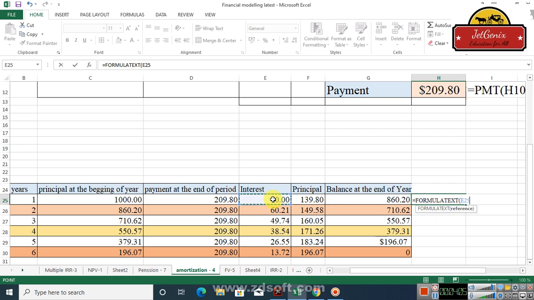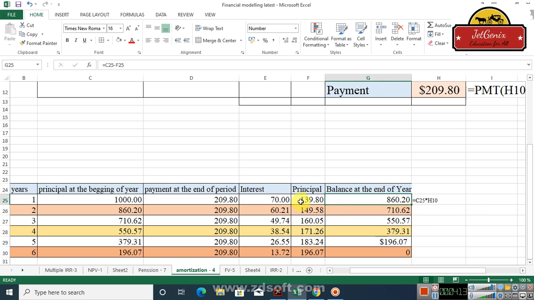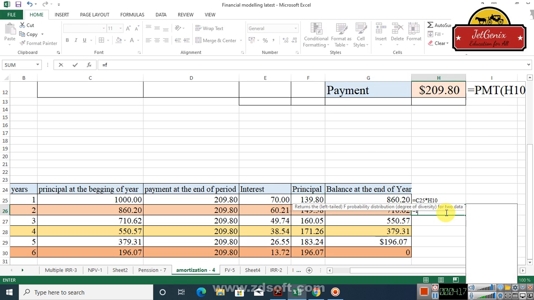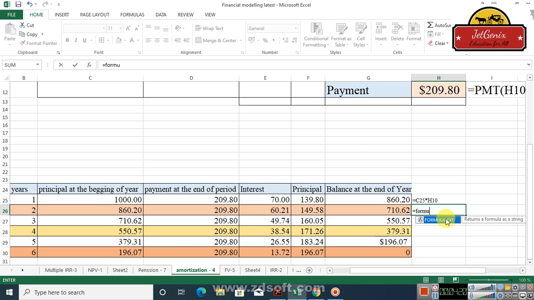And this one you can just, you see, you can analyze it like this. And if you want to see the calculation of this one or this one, let me show you again this one as well. Formula text, double click, and you can just click it like this. Okay, and I think we are okay.